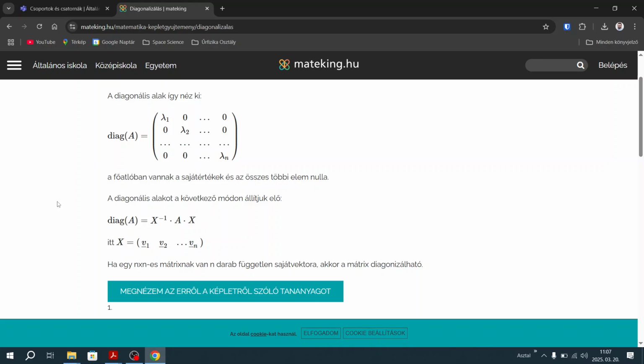Okay, and then I have the inverse, that's 1 over 4, because I divide by the determinant. 3, minus 1, 1. Excellent.